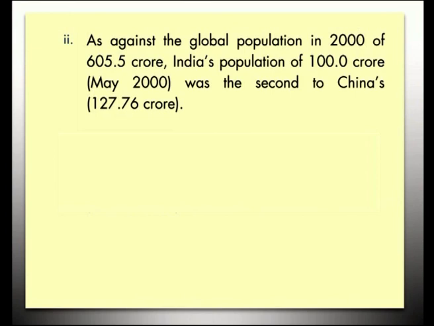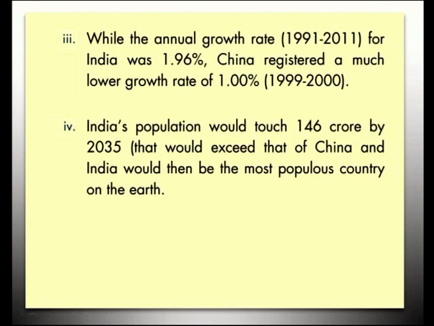India's population of 100 crore in May 2000 was second to China's 127.76 crore. The annual growth rate in India was 1.96%, while China registered a much lower growth rate of 1%. India's population would touch 146 crore by 2035.